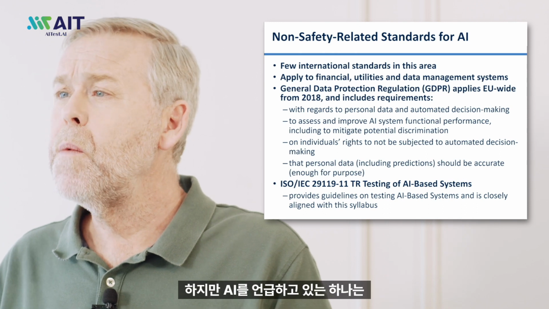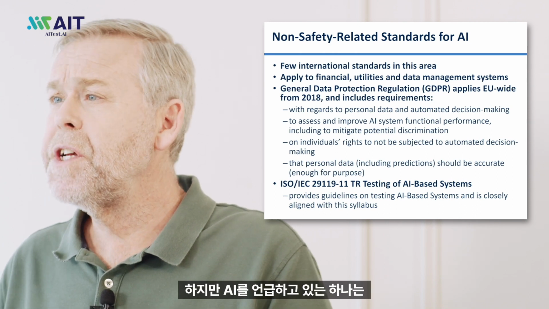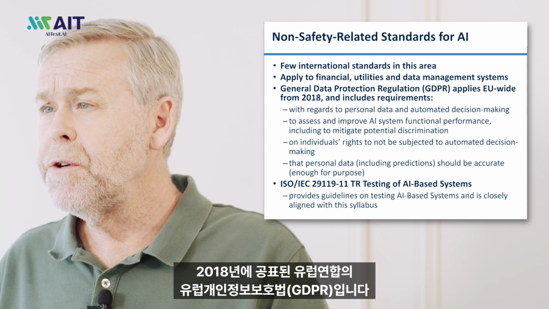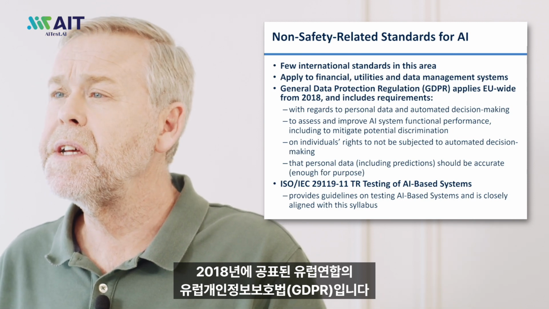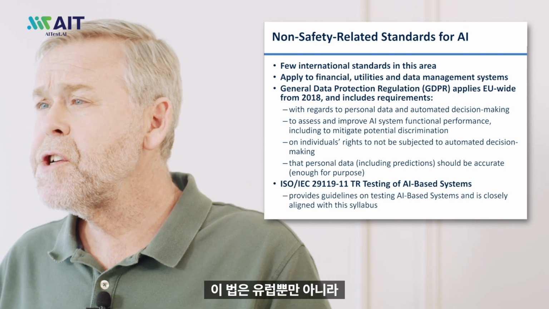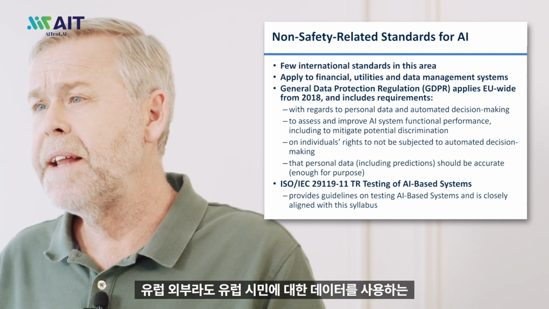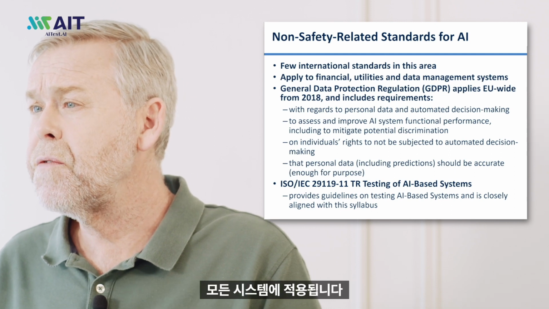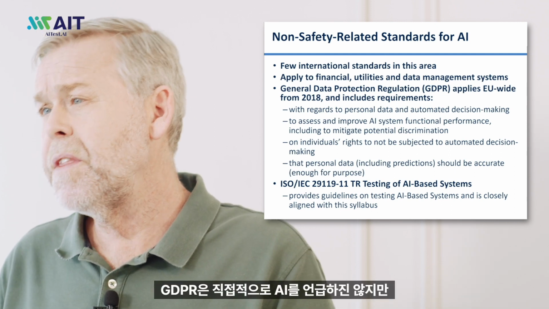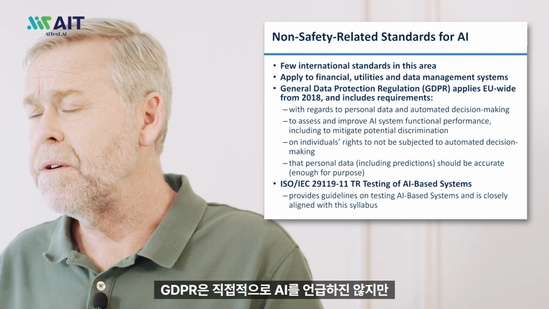However, one area where AI is covered is by GDPR, the EU General Data Protection Regulation from 2018. This regulation applies in the EU and to any systems using data belonging to EU citizens and residents, even when those systems are outside the EU.